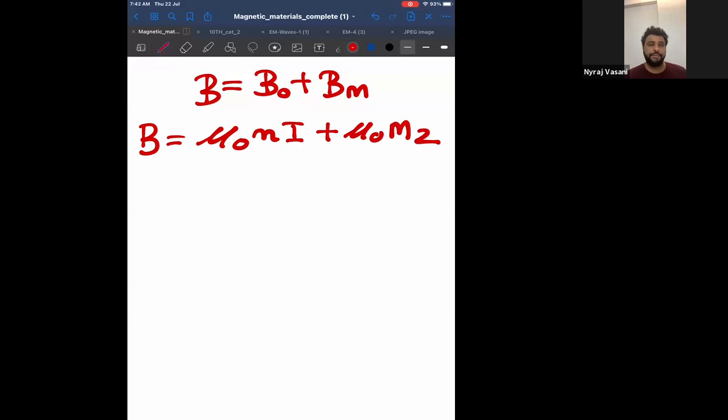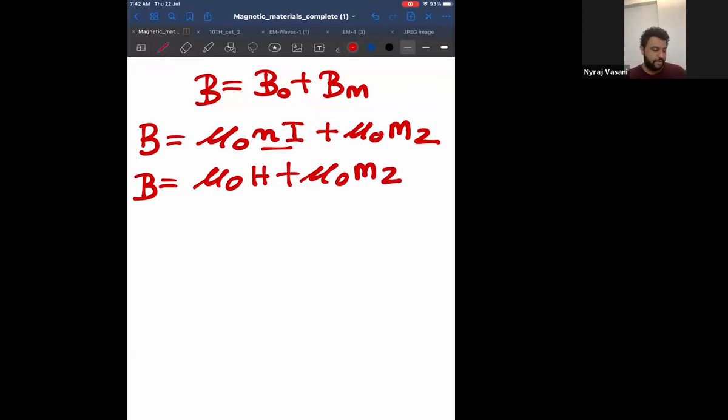See, I'm going step by step. Therefore, B equal to mu naught Ni can be written as H, because I have the formula for magnetic field intensity H equal to Ni plus mu naught Mz.